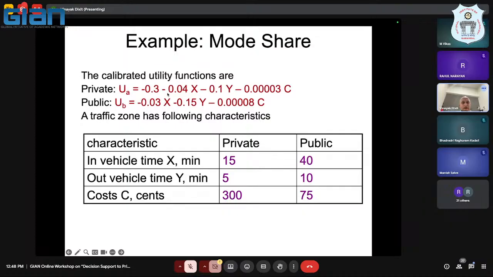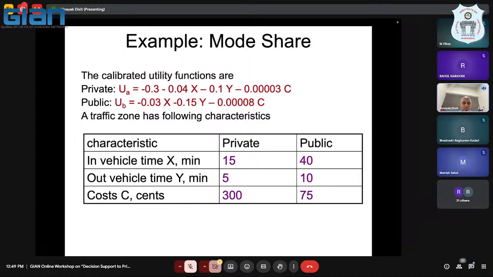The in-vehicle time in a car is different than an in-vehicle time in a bus. In fact, there is more disutility associated with sitting inside a car alone versus sitting in public transport, looking at people, being able to do other things, talking on the phone. You can still talk on the phone in a car, but you can't text.